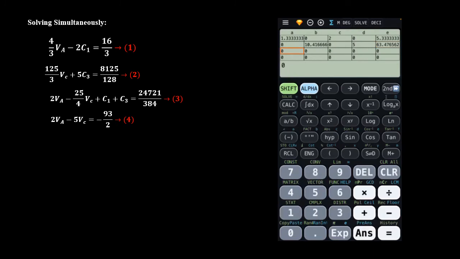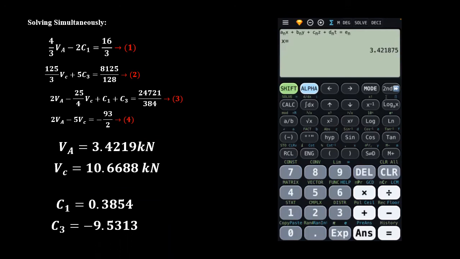So for the third equation, we have 2VA, positive 25 over 4 VC, plus C1, plus C3, sorry. And then, we have equals 2 4 7 2 1 over 3 8 4. And then, next is we have 2VA, negative 5VC, we don't have C1 and C3, and then equals negative 93 over 2.